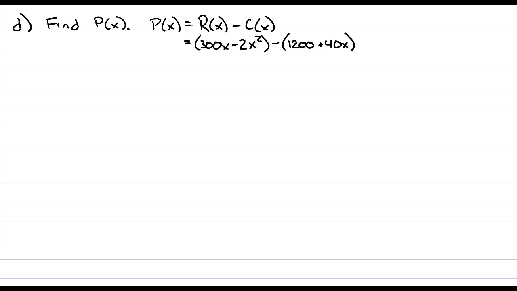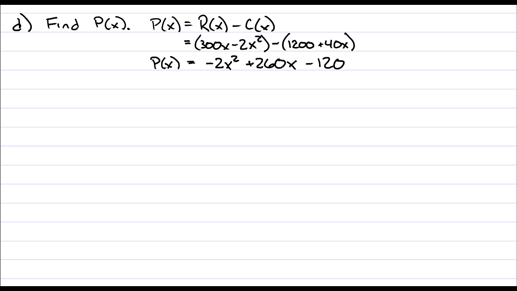I can distribute the negative through to the bit on the right, combine like terms, and do some simplification. We're going to get the profit function: minus 2x squared plus 260x minus 1200.